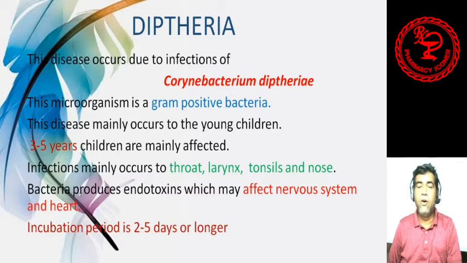Infection may occur in the throat, larynx, tonsils and nose. The bacteria produce a toxin that affects the nervous system as well as the heart. The incubation period for this disease is 2 to 5 days.